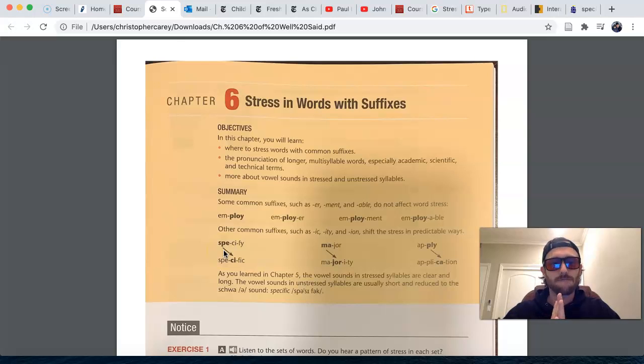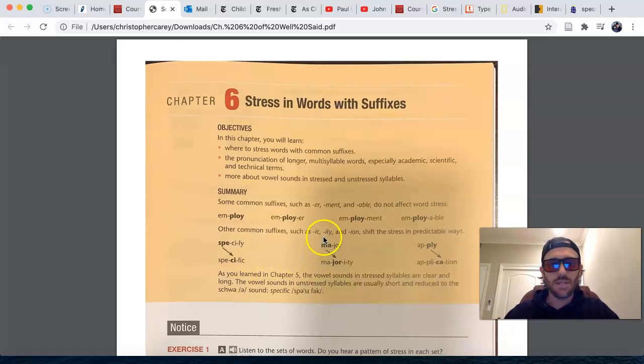Specify. Specify. And then when we add the IC suffix, you can see the shift. Specific. The word stress shifts from the first syllable to the second syllable when we add the IC suffix.